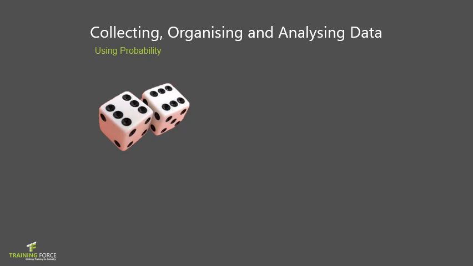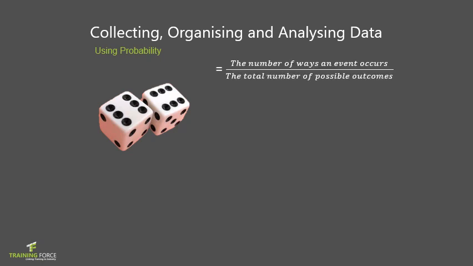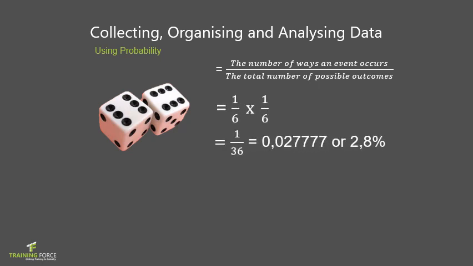So when we're calculating probability, we calculate the number of ways an event can occur, and then we calculate the total number of possible outcomes. Right, so we divide the two by each other. So in this case with the dice, I can only have one outcome, and there's 6 different outcomes. So I'll say 1 divided by 6. And in this case, I've got 2 dice, so I'll multiply the one by the other, and then I'll get 1 out of 36.